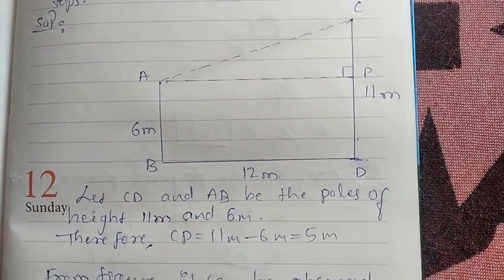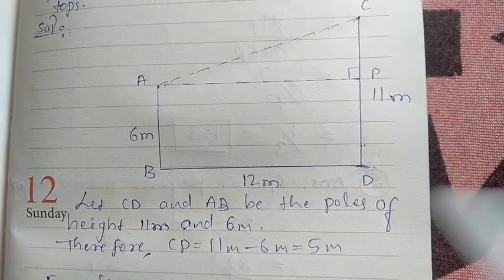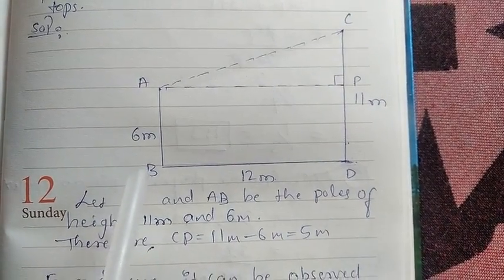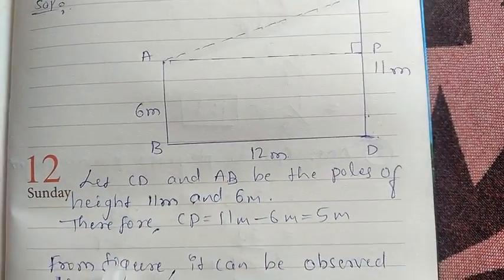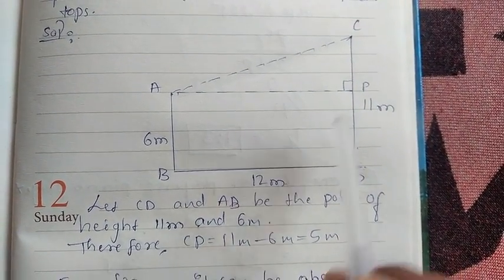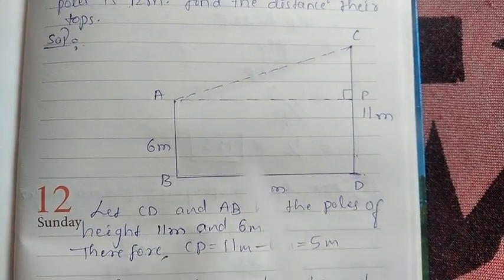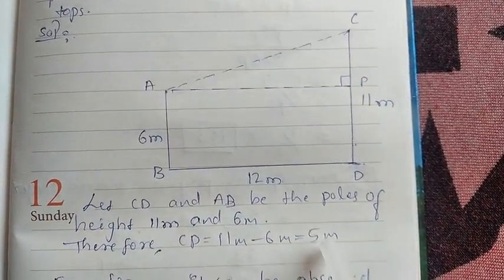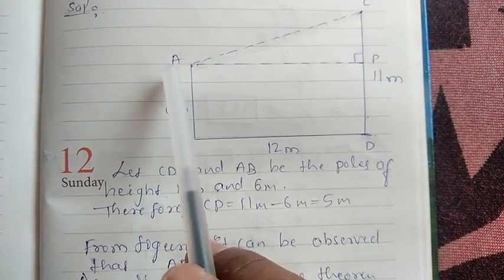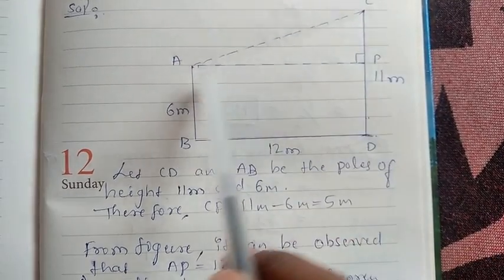The second pole is larger than the first pole. How much larger? So you have to find CP. Then CP is equal to 11 meter minus 6 meter, how much is there? 5 meter. Correct, children?